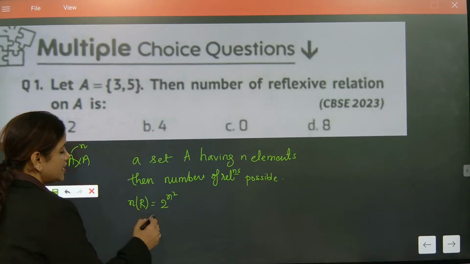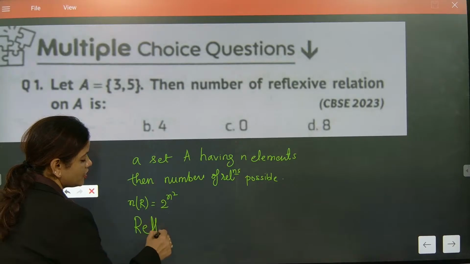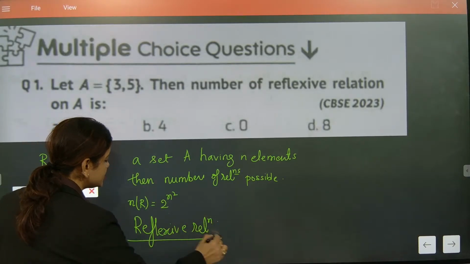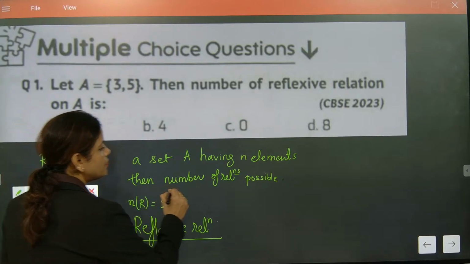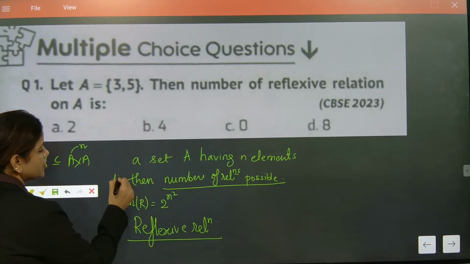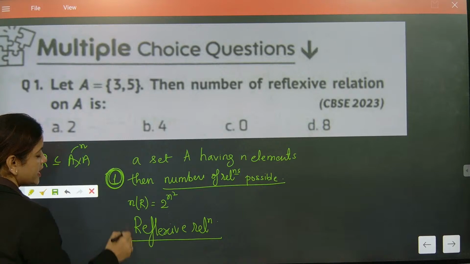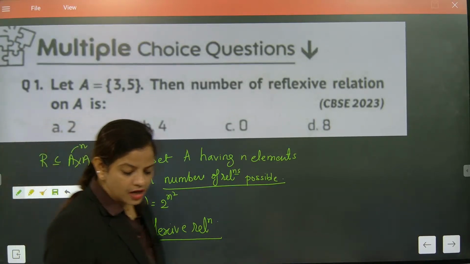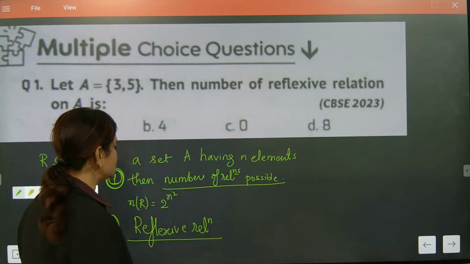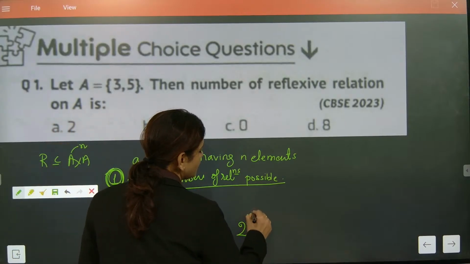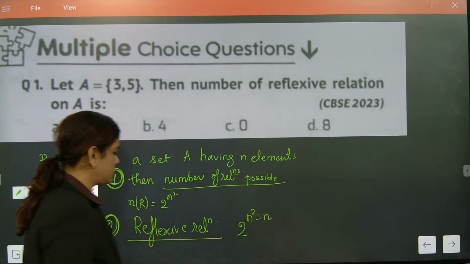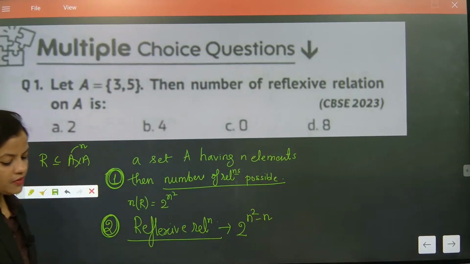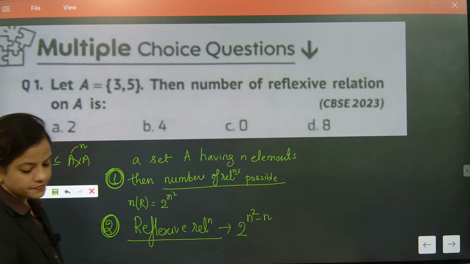Now, how many reflexive relations are possible? This is the number of relations possible, the first part, very, very important. Second part: number of reflexive relations possible. Write down the formula: the number of reflexive relations possible is 2 to the power n square minus n.